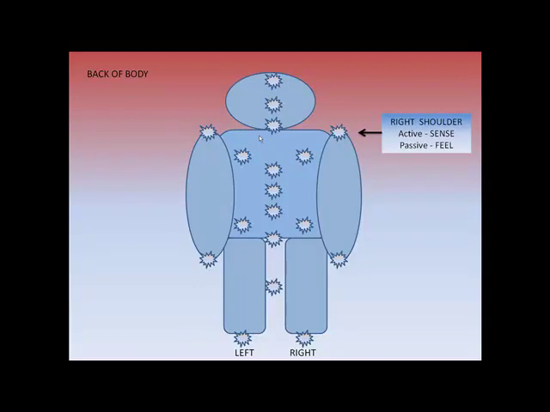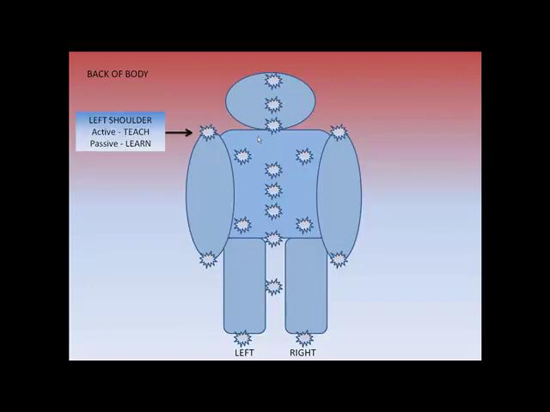The right shoulder, actively we sense things, and passively we feel them and place our own particular vibrations onto what we sense. On the left shoulder, actively we are teaching and passively we are learning.